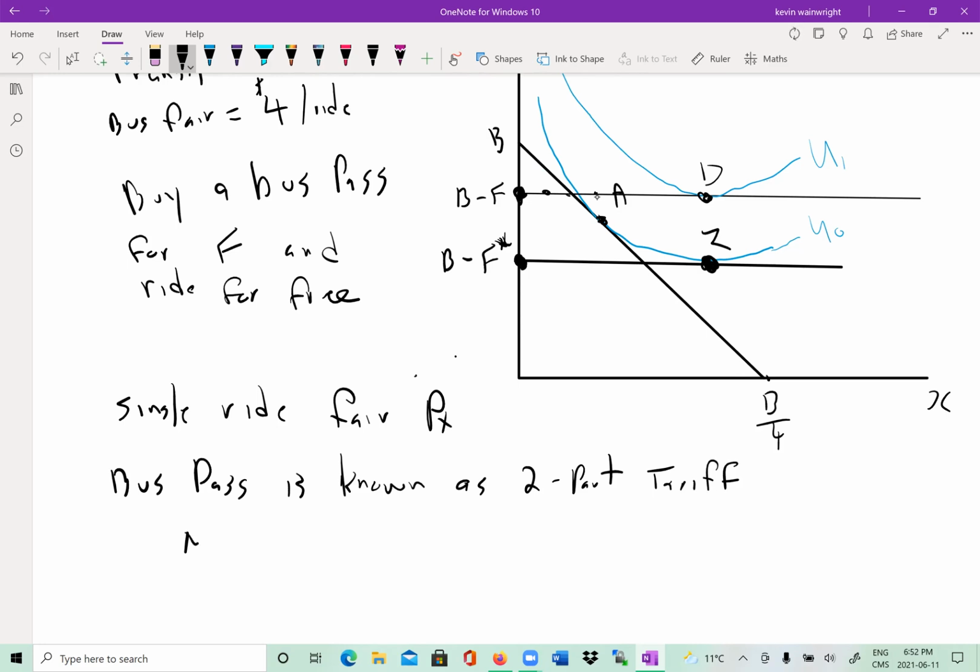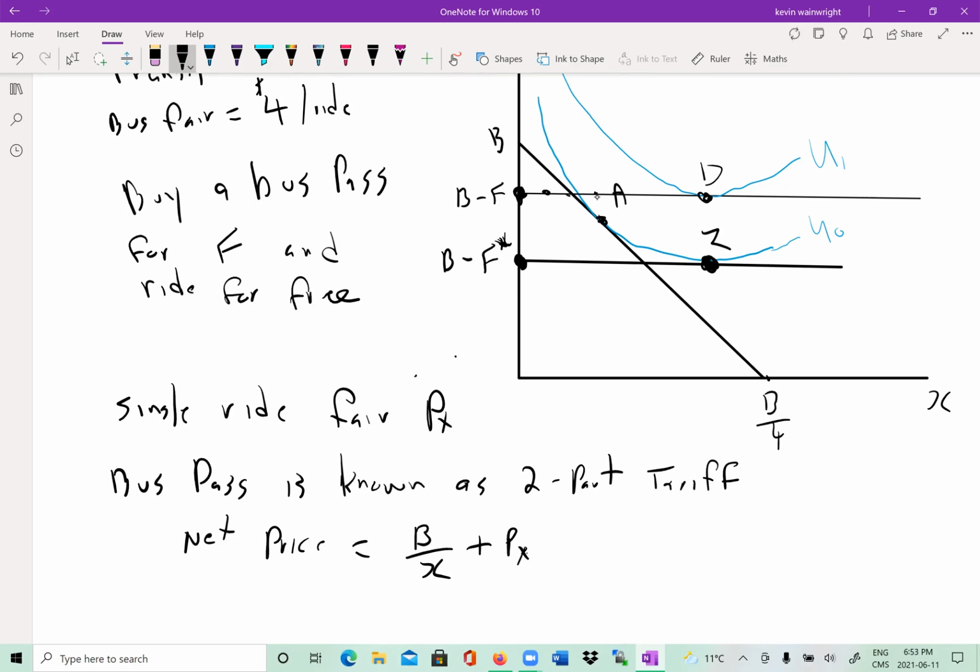So the net price is equal to your budget divided by the number of rides plus the price per ride you pay.